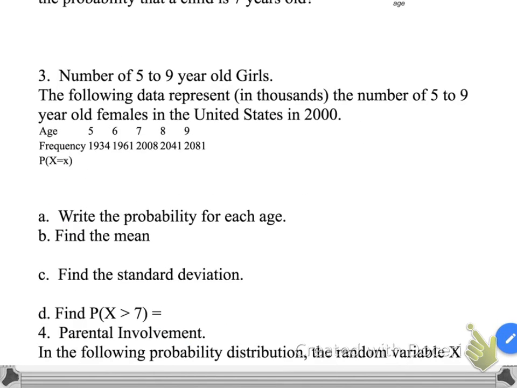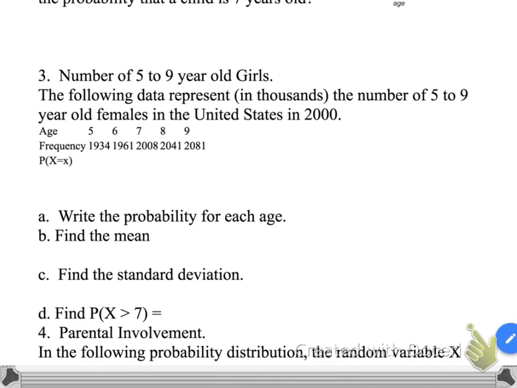Okay, let's go to number 3, and again, I am sorry that it looks like this. I've tried, you guys, and I can keep on trying, or I could do the video, so I decided to do the video. All right, so they want us to write down the probability of each age. So again, just like the histogram, I'm going to add all these up.